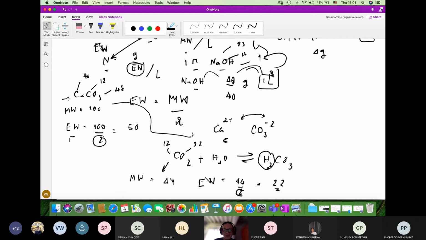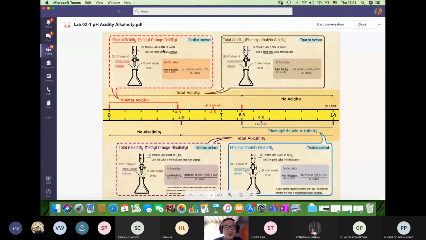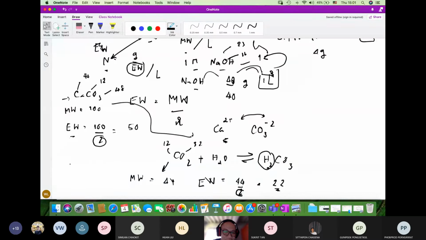That is why in here you will find the concentration expressed in terms of 0.02 N. N is the normality. Not molality, normality.